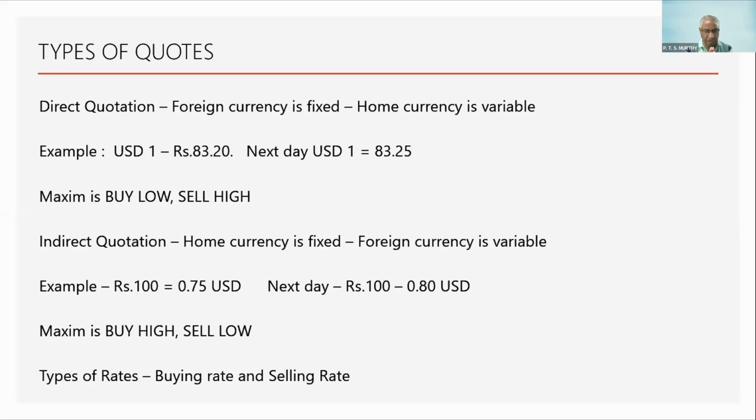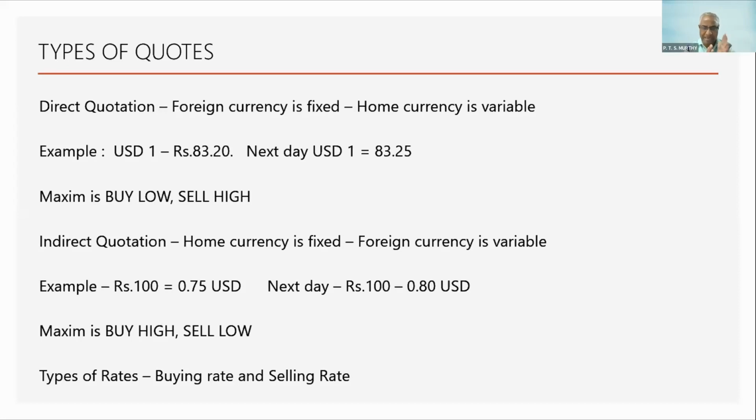Based on these two rates, certain banks quote some other rates also, for example when issuing traveler's checks or encashing currency, they derive those rates. Basically, there are only two rates: buy rate and sell rate, that is TT buying, BC buying, TT selling, BC selling. These are the different types of quotes we have.